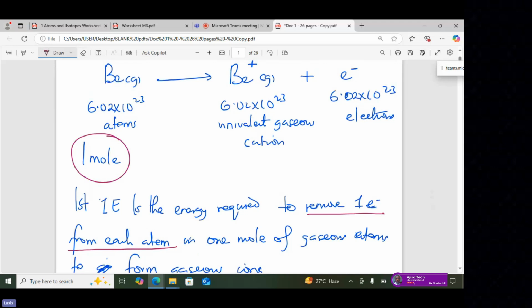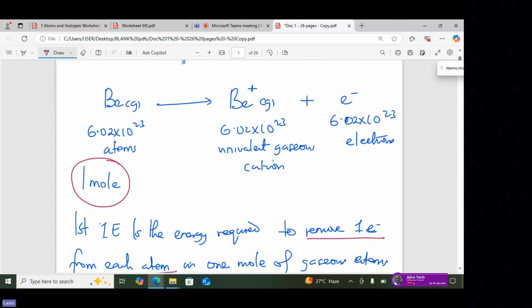Each atom loses one electron. So how many electrons will they lose altogether? 6.02 times 10 to the power 23. They lose 1 mole of electrons.